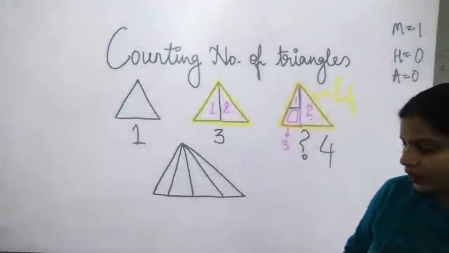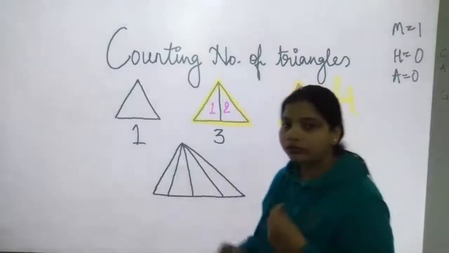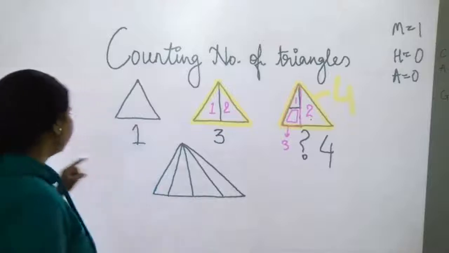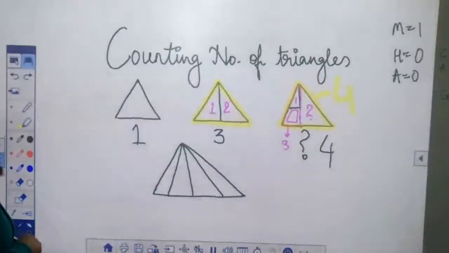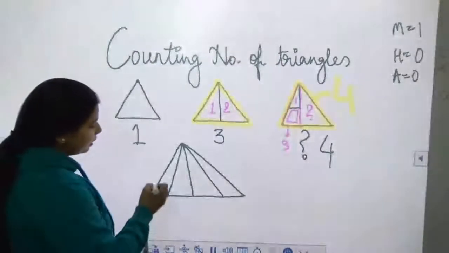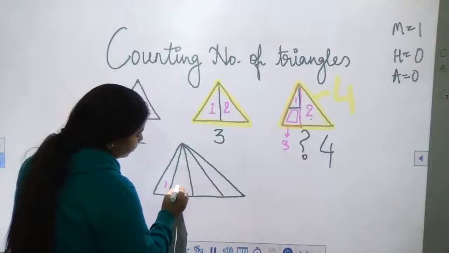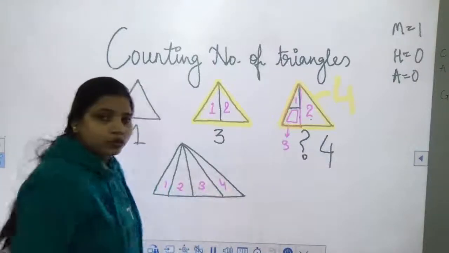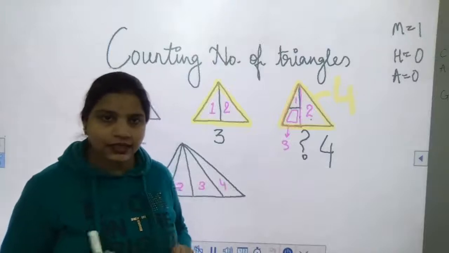Okay, fine. Now I'll tell you how many triangles are in this shape. First we count. 1, 2, 3, 4. 4 are inside triangles, right?